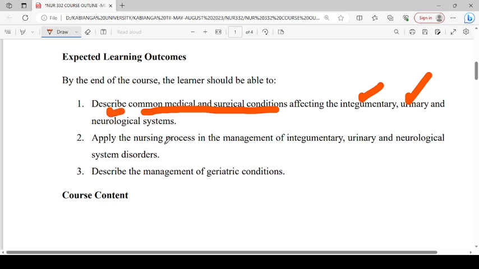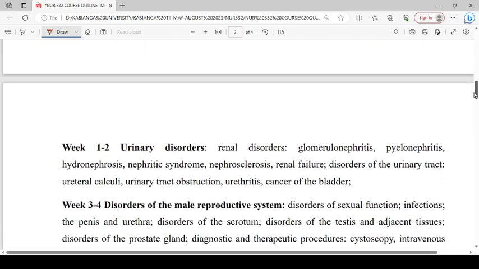You also need to apply the nursing process in the management of integumentary, urinary, neurological disorders. And lastly, you need to describe common geriatric conditions, some of which touch on these systems that we have already listed. Let's look at the course content.